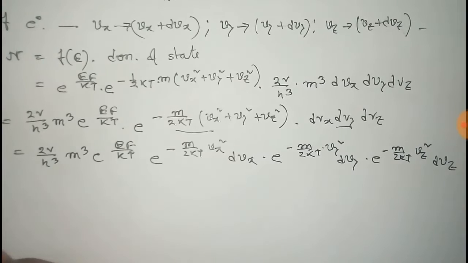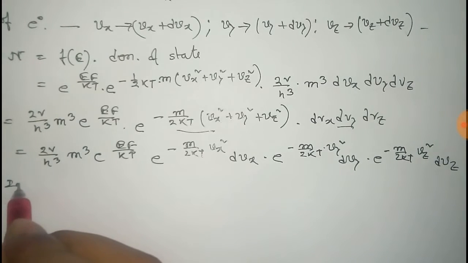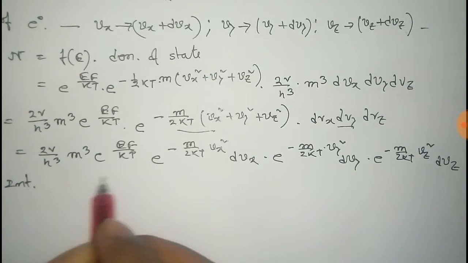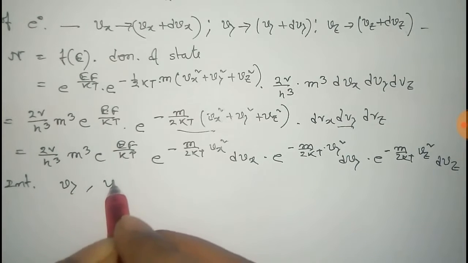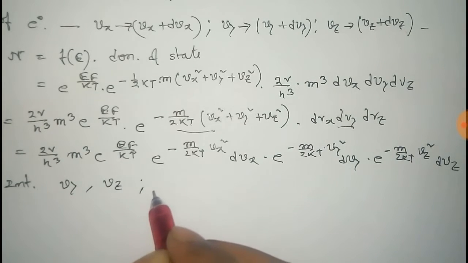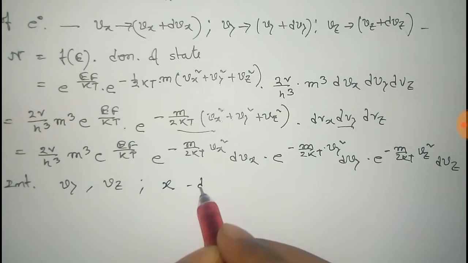Okay, now integrating over all possible values of vy and vz, we get the velocity distribution along the x-axis.